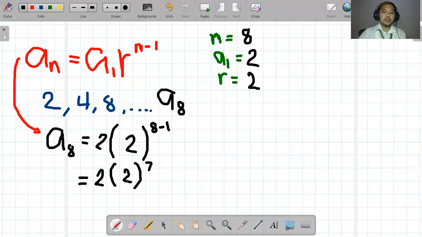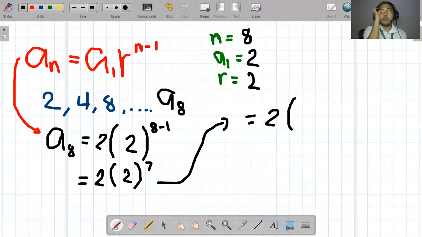So now we have 2 times 2 raised to the power of 7. And to continue, we have to simplify 2 raised to the power of 7. That's 2 times 2 times 2 times 2 times 2 times 2 times 2. That means you have to multiply 2 sa iyang kaugalingon 7 times.